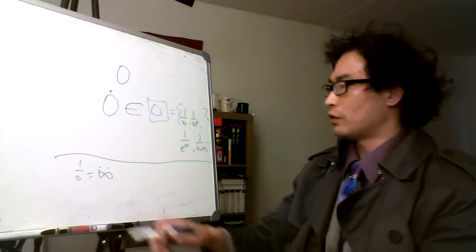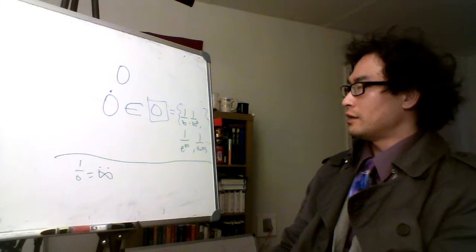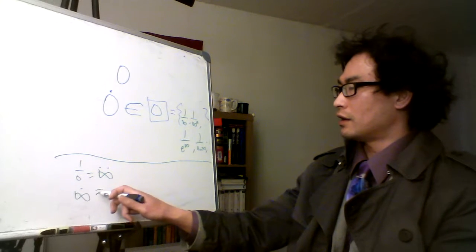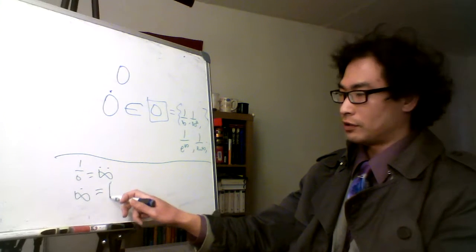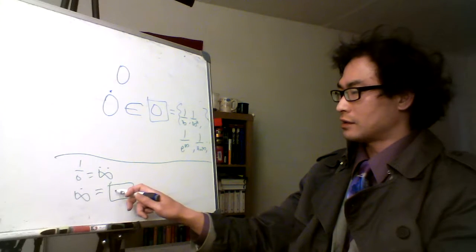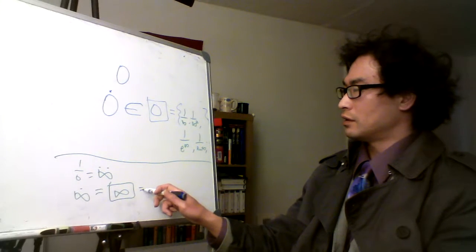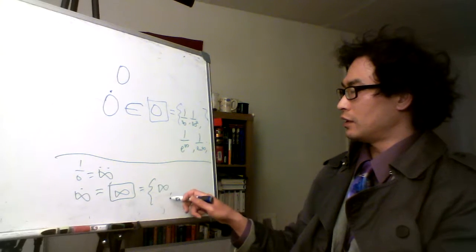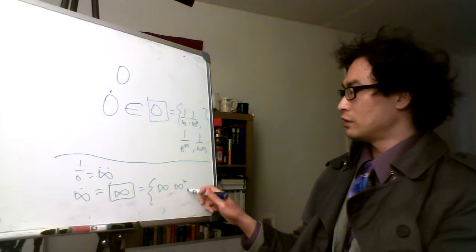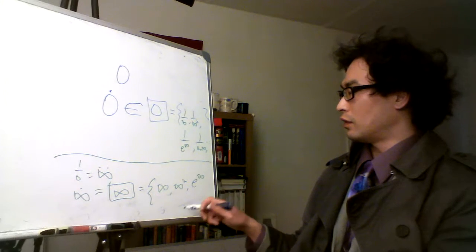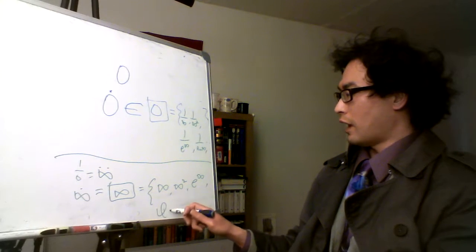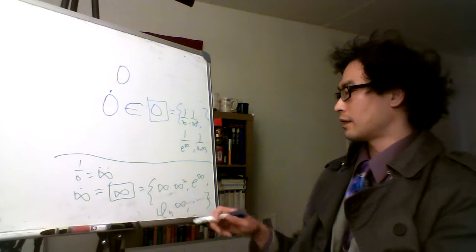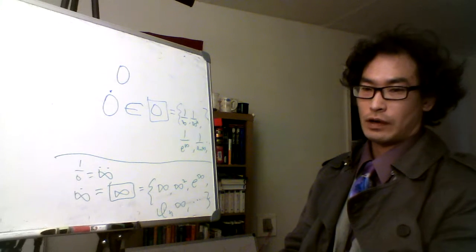And then we have infinity dot, which is an element of this box infinity, a set of all the infinities: infinity squared, e to the infinity, ln infinity, and so on.